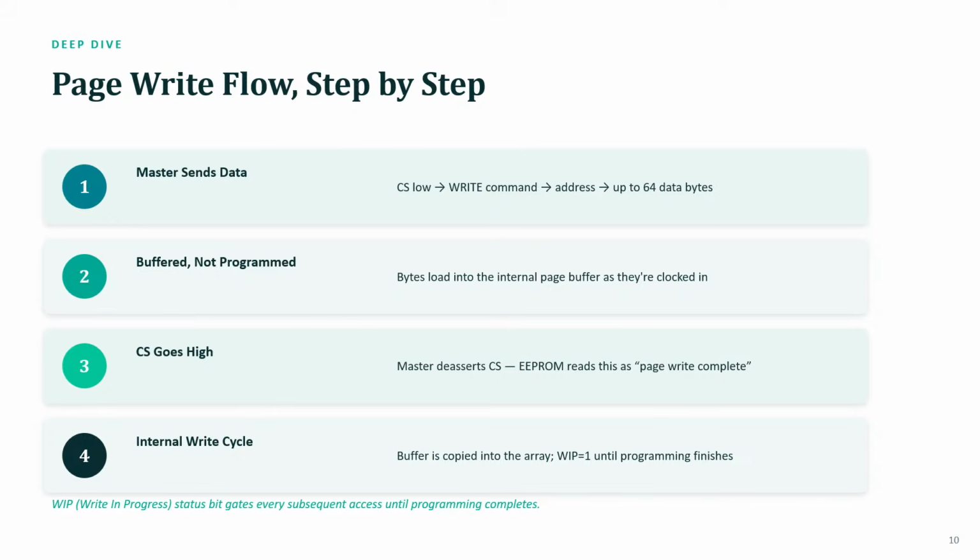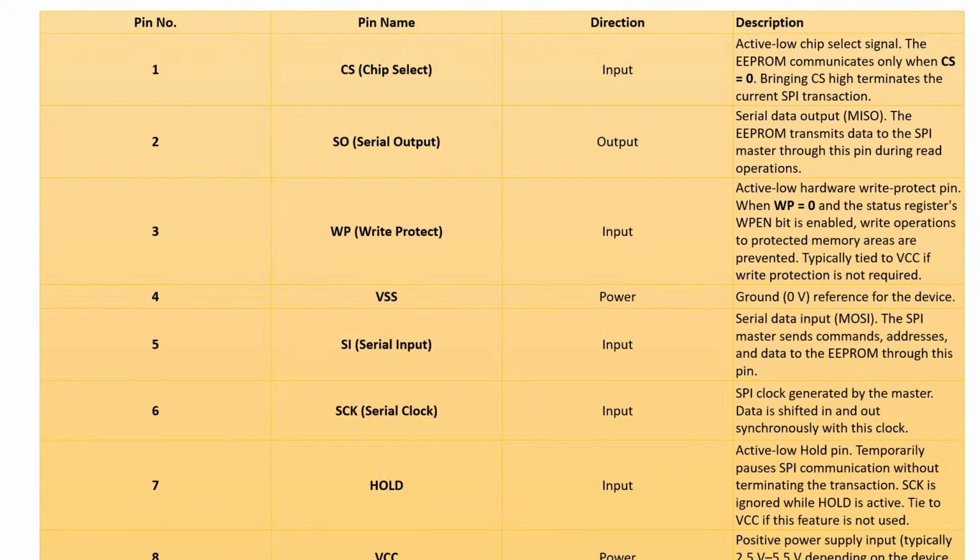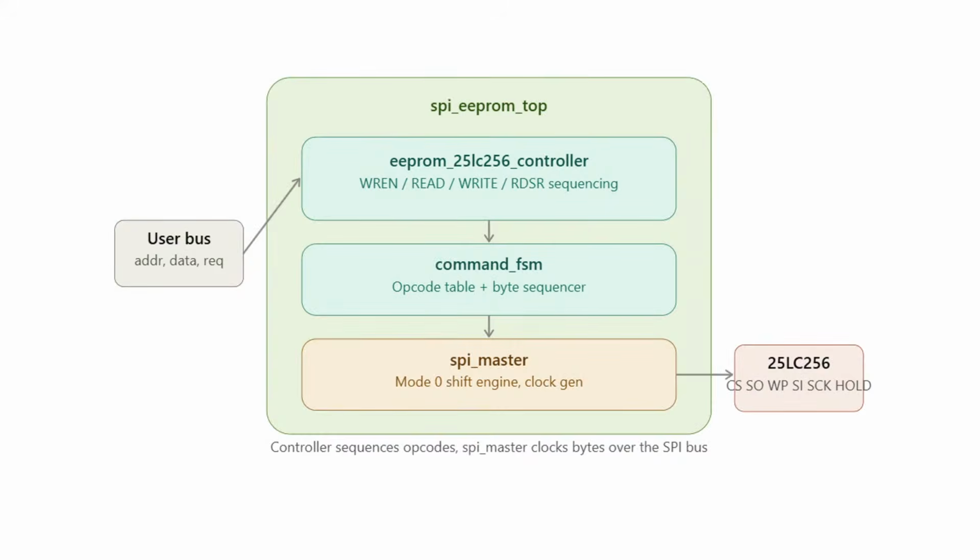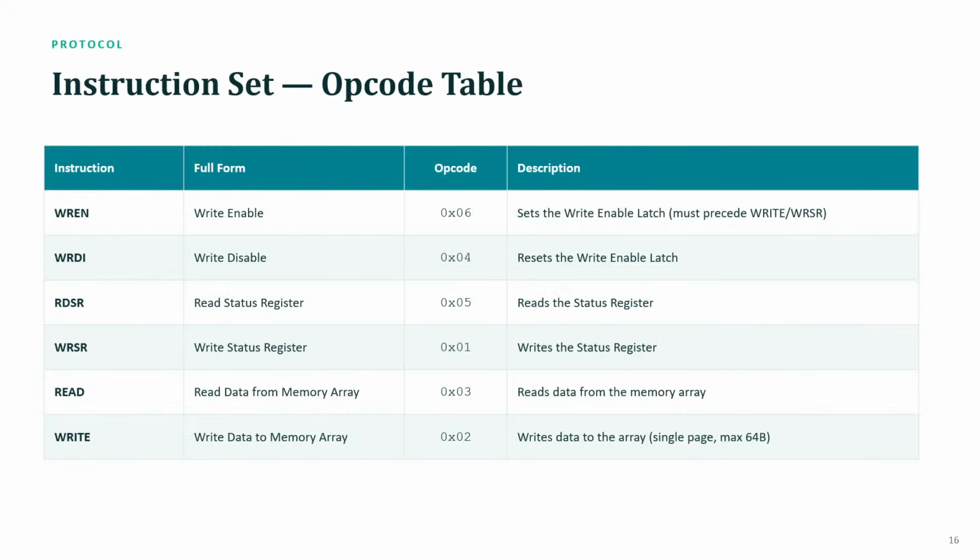I will also show you some opcodes and commands which we are going to have. Let me show you these opcodes. Yeah, these are the different opcodes. See how the memory is going to come to know that the user wants to perform a write operation, or disable the write operation, or what the user wants to do.